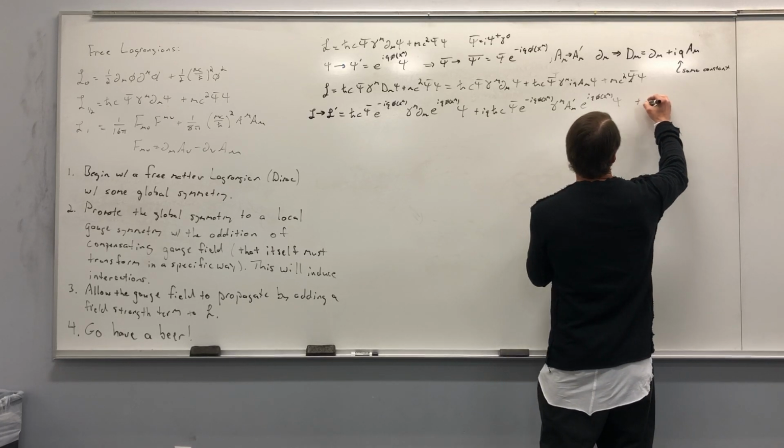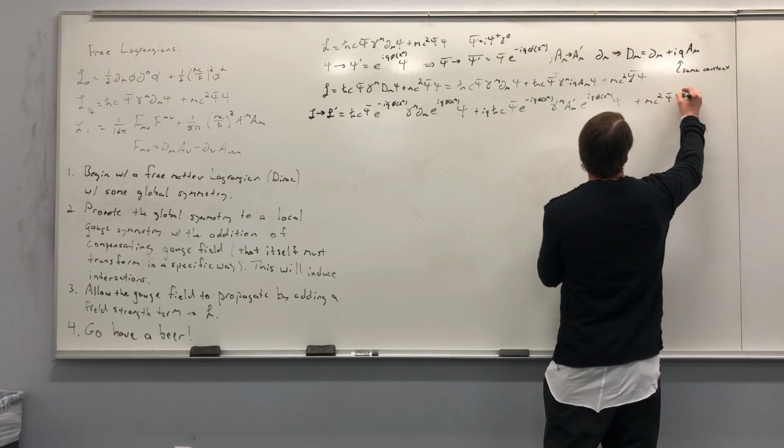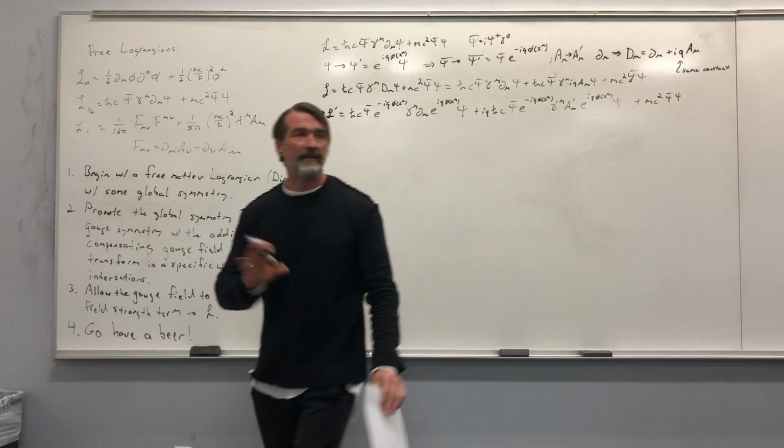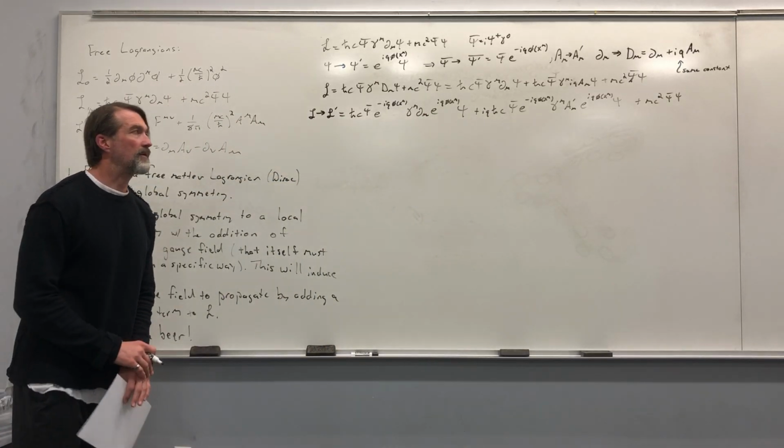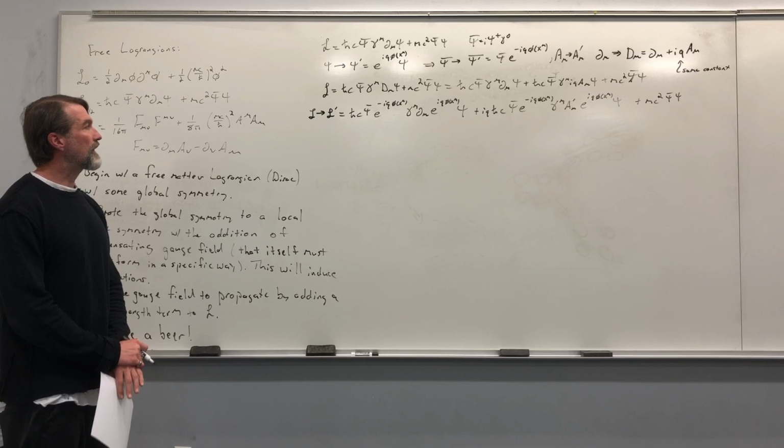And I'll just go ahead and say mc squared psi bar psi because we've already established that that last term is invariant. So I won't write all that detail in.